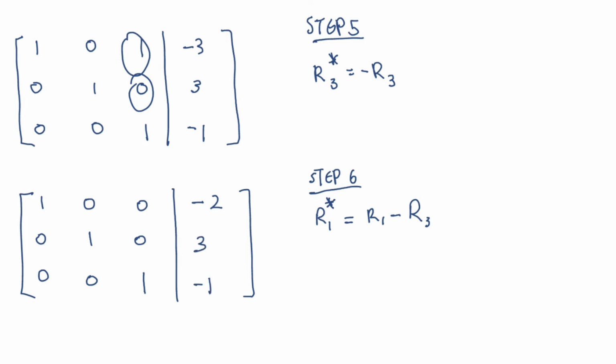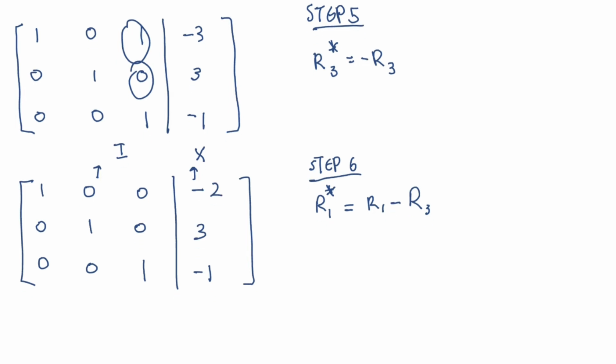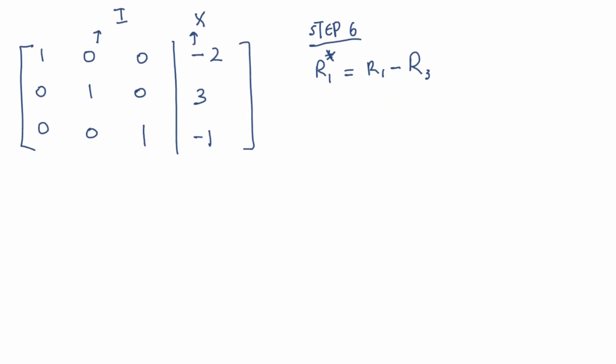So now you have obtained here the form of identity and here the form of X. Then you have the final solution. The value of x will be negative 2, the value of y will be 3, and the value of z will be negative 1. Understand?